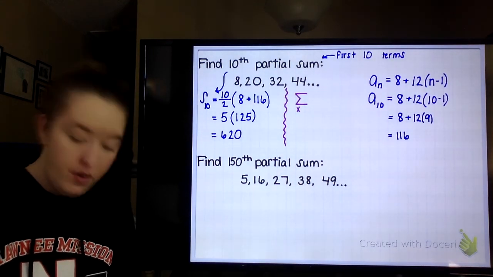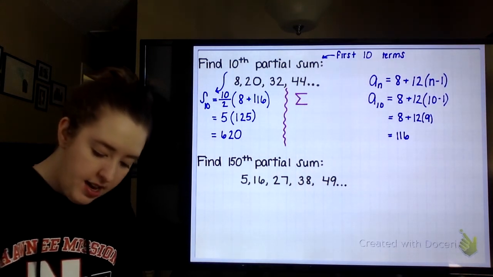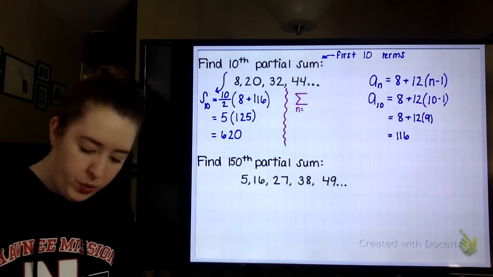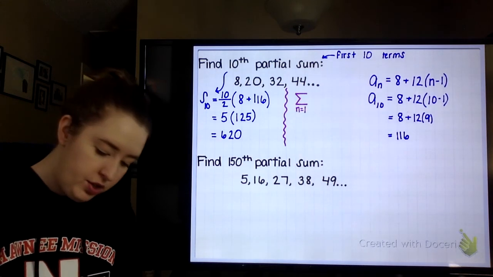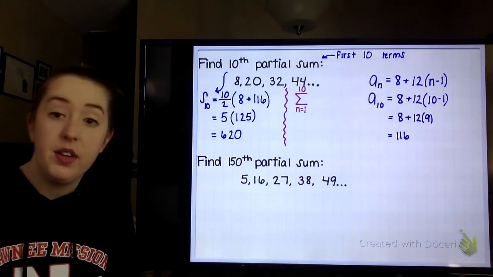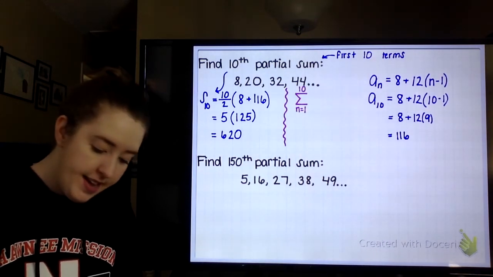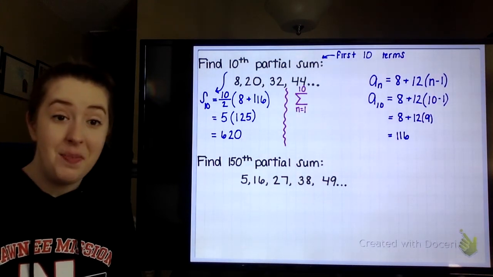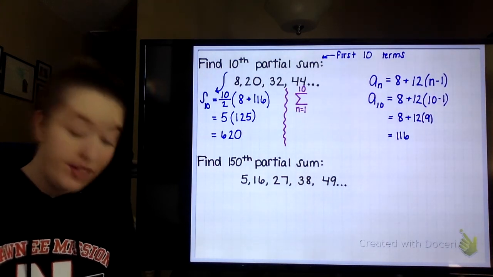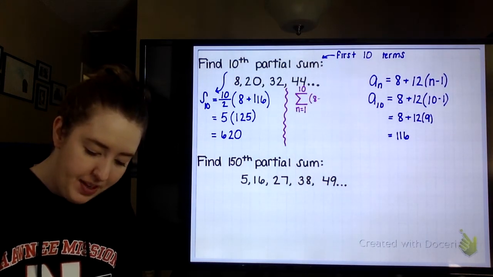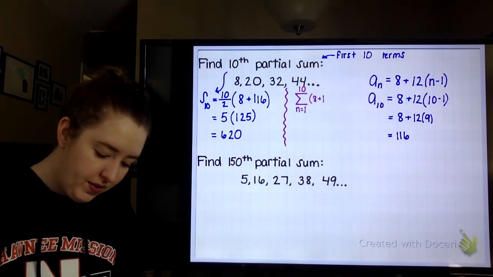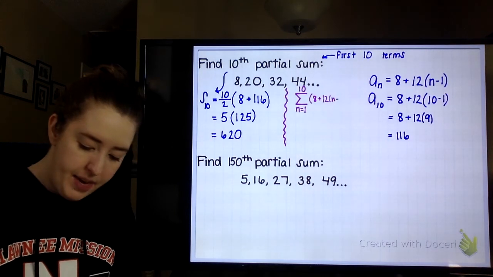So we might go from n equals 1 to, I want the 10th partial sum, to 10 will be my upper limit. And then inside of here is my explicit formula for that sequence. So that's my 8 plus 12 times n minus 1.